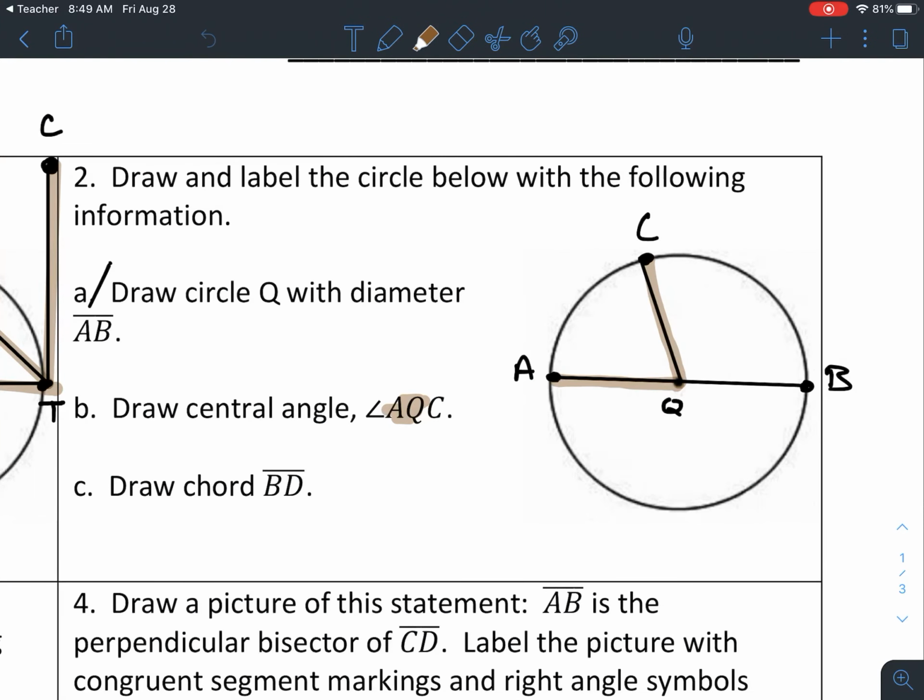So we're going to make another point from B, and I'm going to come up, and I'm going to come down here. So a chord is like a diameter that goes from one end of the edge of the circle to another, but it's not as long. And we're going to make this B to D, just like it says right here. Okay, so that is why I did it that way. So this is a chord.